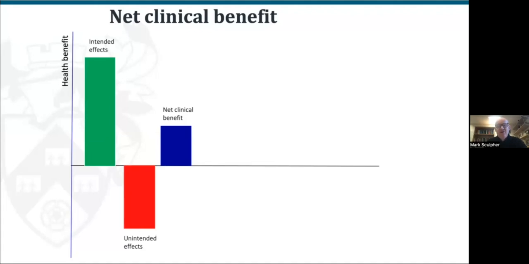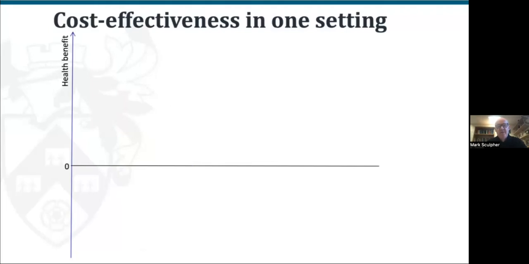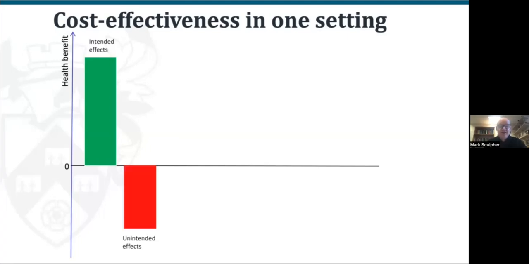When we think about economic evaluation, we just take that essentially a step further. We talk about the intended effects of a new treatment. So this is most easily understood in terms of, for example, drug therapy or a surgical procedure, but it extends to many other things as well, including prevention and system strengthening. But there are potentially unintended effects that have negative health implications for patients, as I've just said.